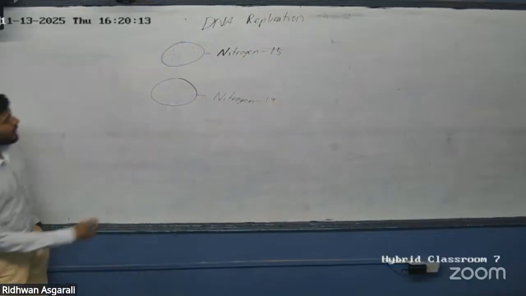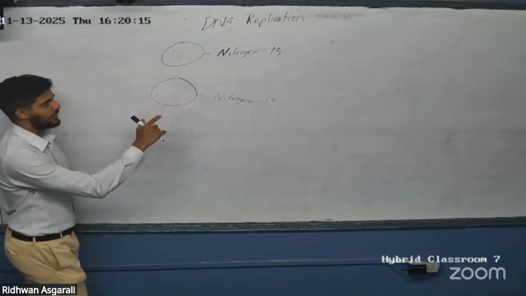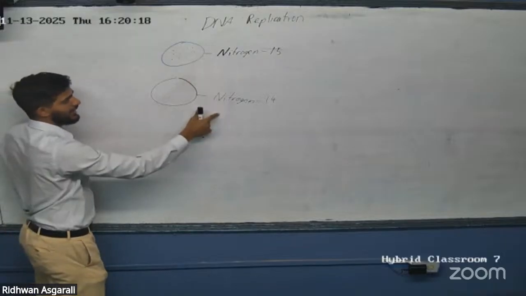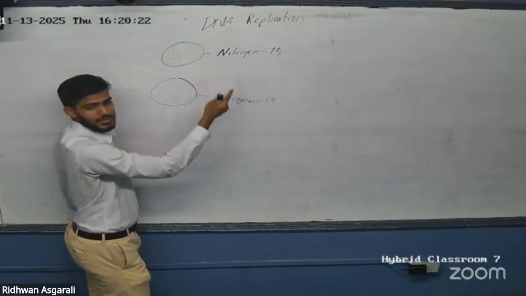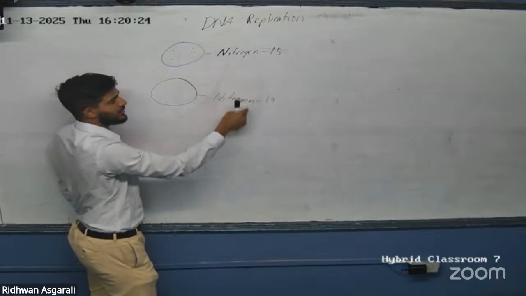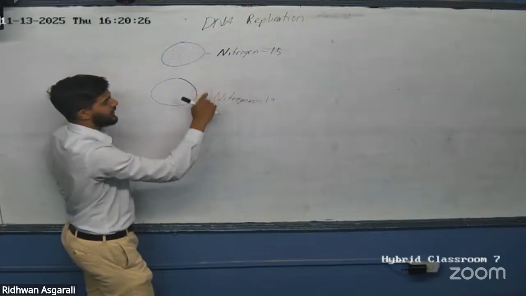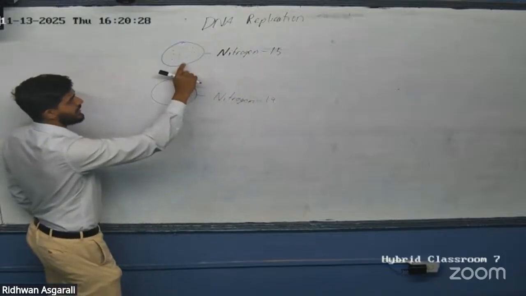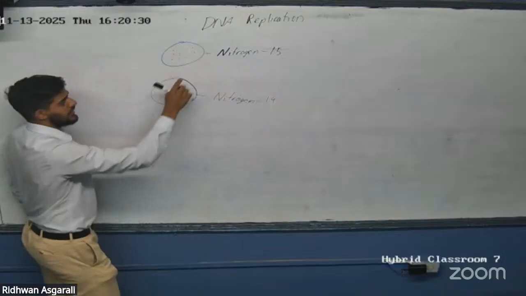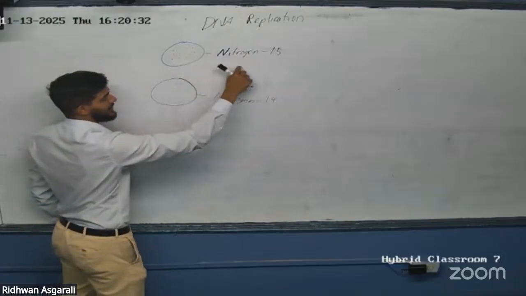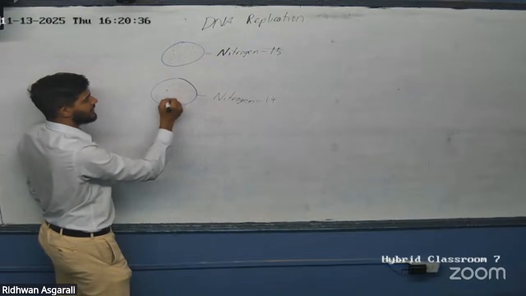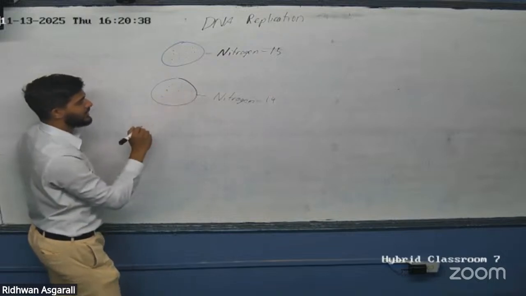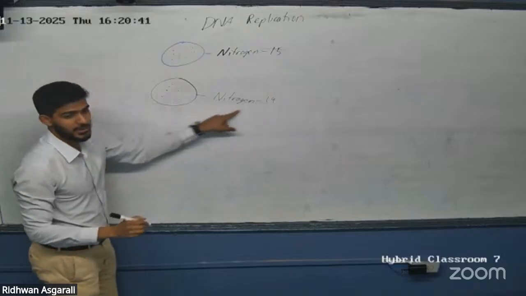This is called light nitrogen. The reason it is called heavy and light nitrogen is that this represents the mass number of the nitrogens, so they are isotopes of each other. If you look at the DNA under a spectrophotometer, you will see that this nitrogen is heavier than this nitrogen. So the E. coli from this colony would contain nitrogen 14, or light nitrogen.